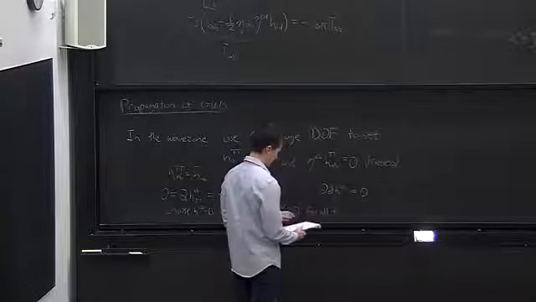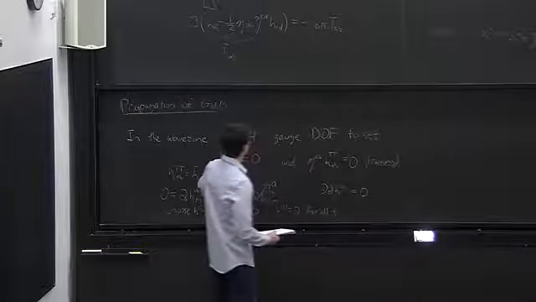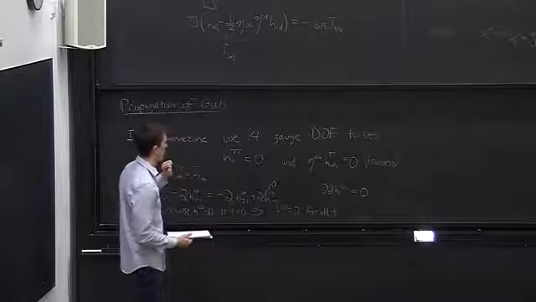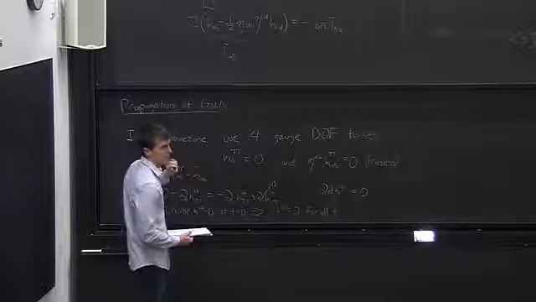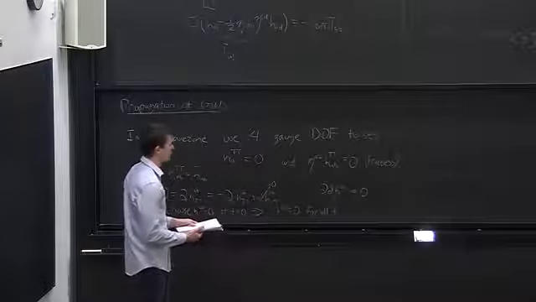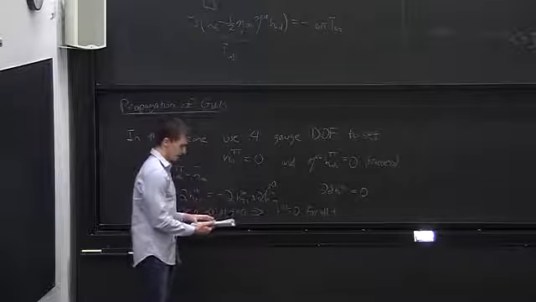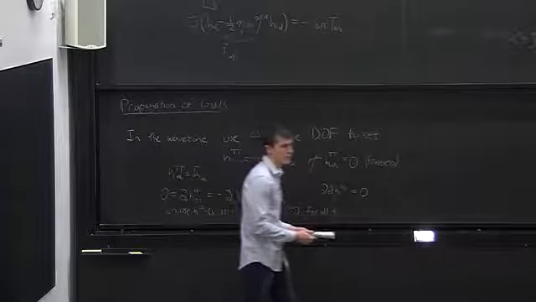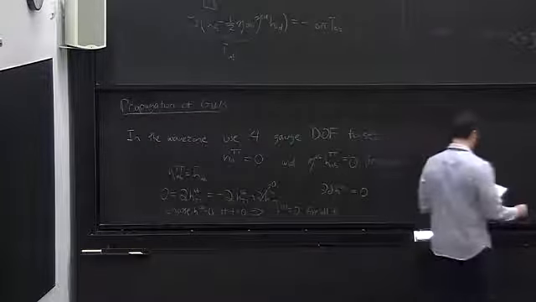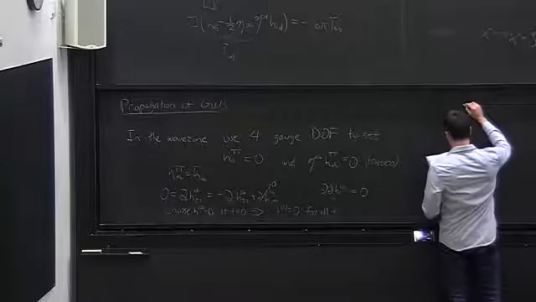Okay, and so now we're just left with this basically wave type equation for each component of our TT metric perturbation. And this will actually have plane wave solutions, which we can write in the following form.